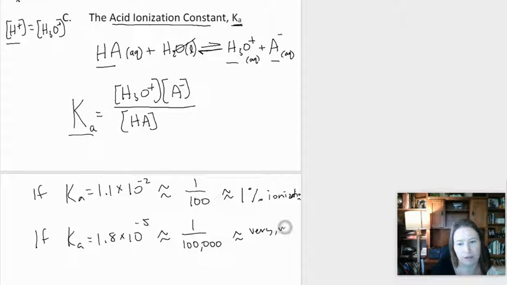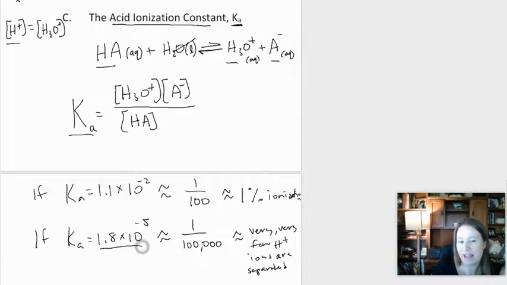Very, very few H plus ions are ionized or separated. So if you have a very small Ka, that means you don't have a lot of H plus and A minus.